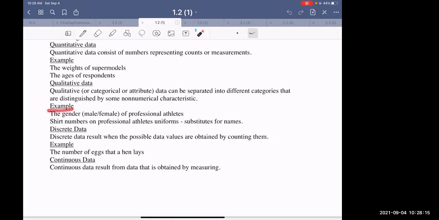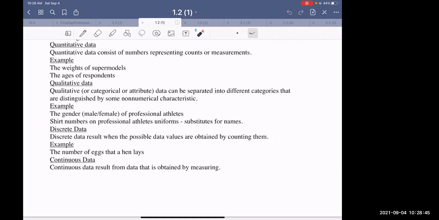So things like gender, let's say male, female of professional athletes. So that is qualitative. Your gender is not a number. If someone says, what's your gender? And you say 43, that doesn't make much sense at all.